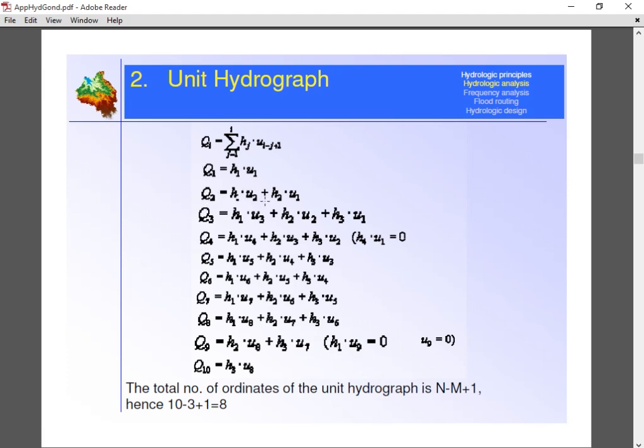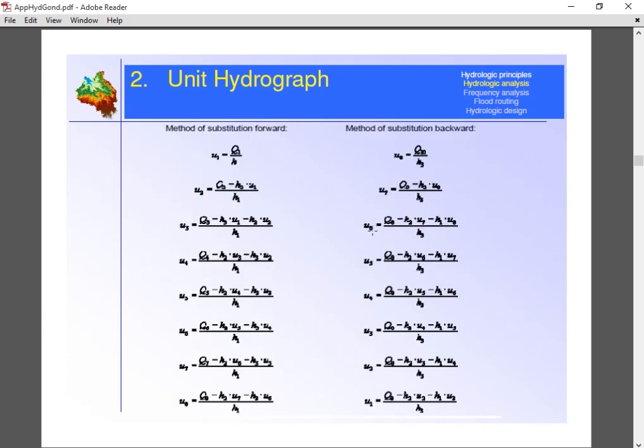In such a manner, we can determine the values of the unit hydrograph components. U1 equals Q1 over H1, and U2 is Q2 minus H2 U1 over H1. As I have told you, you can use this method of substitution forward, and similarly you can use the method of substitution backward.